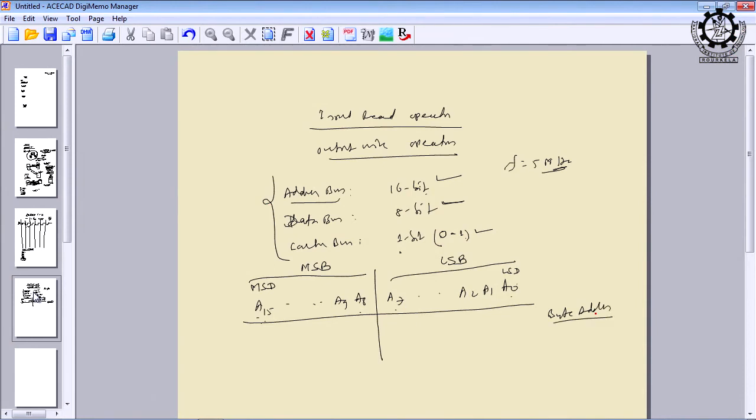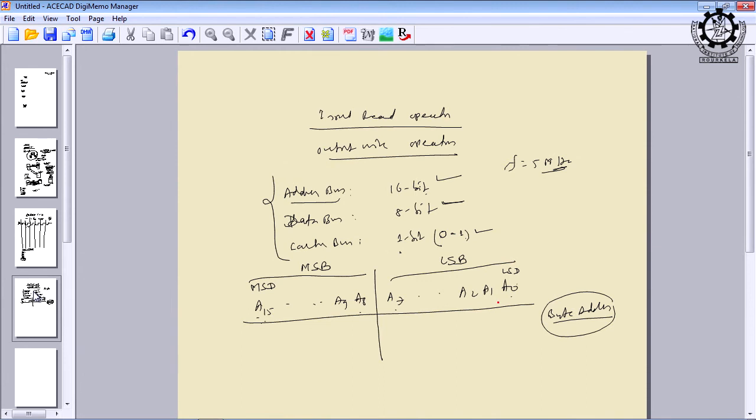Even if you take a 16-bit computer, 32-bit computer, or 32-bit or 64-bit microprocessor, every byte must be assigned an address. It is not that at a time you can address 64 bits, not possible. So every microcomputer system is byte addressable, so every byte must be given an address.